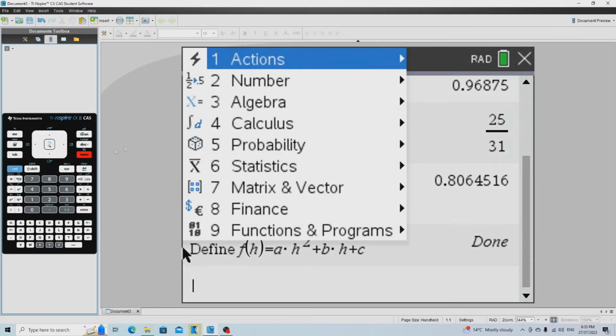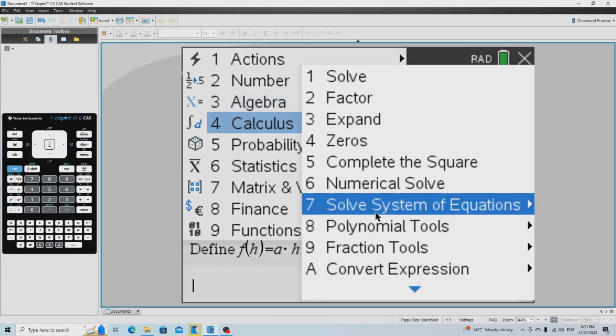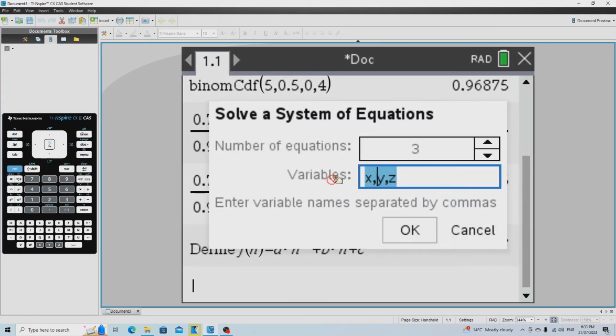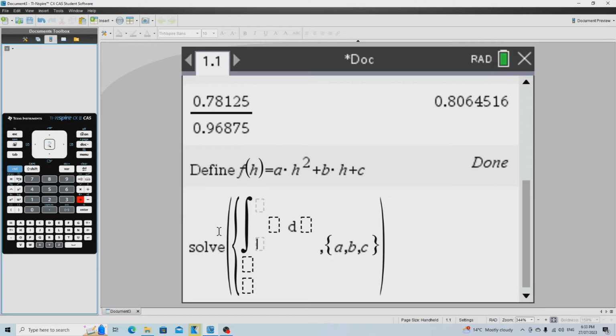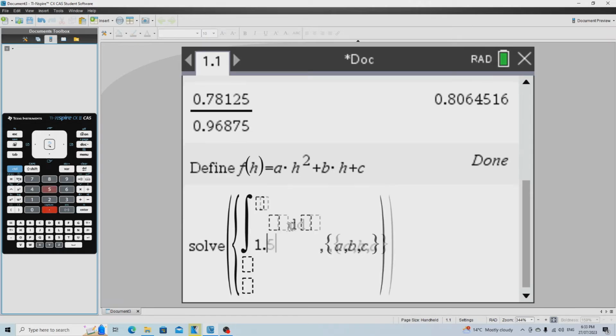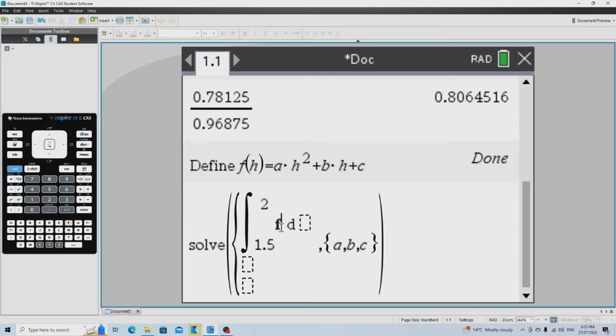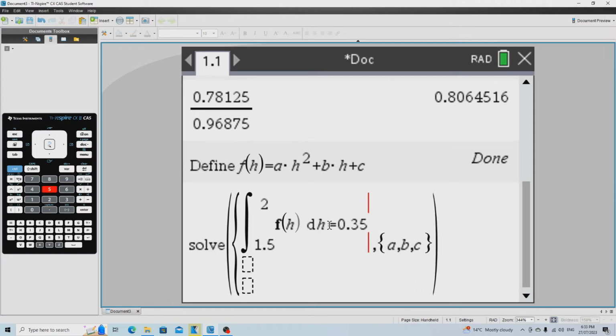Okay, let's put menu, algebra, solve systems of equations. We have 3 equations and we want to solve for a, b, and c. So the first one is the integral from 1.5 to 2 of f(h) dh equals 0.35.